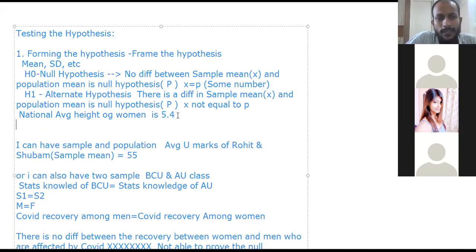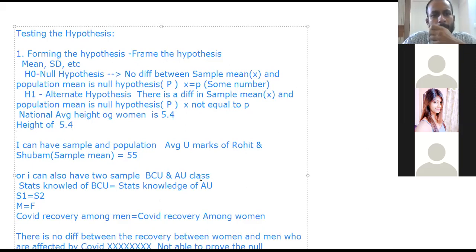I am calculating the height of Varisha, Ashika, and Naushia, and their height is coming around 5.4 also.